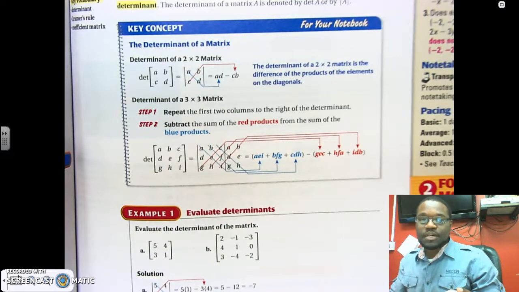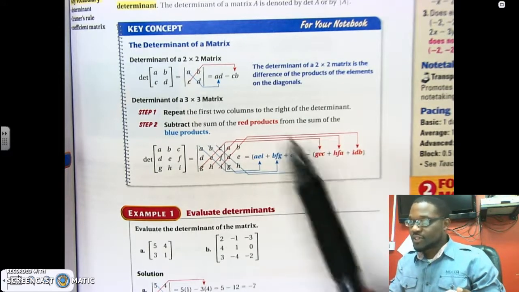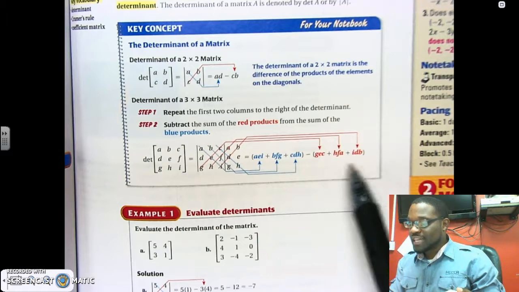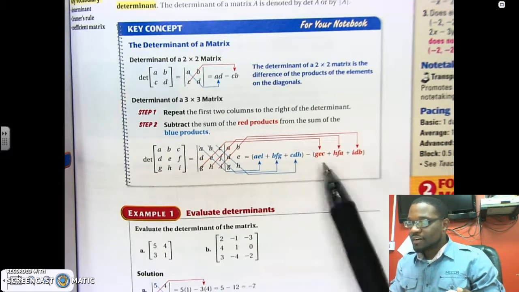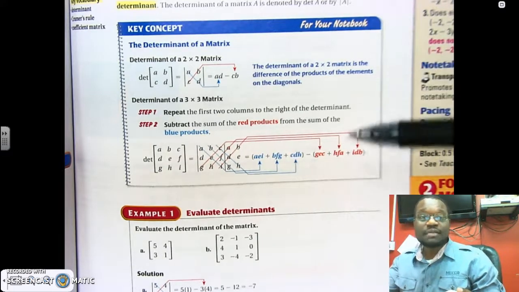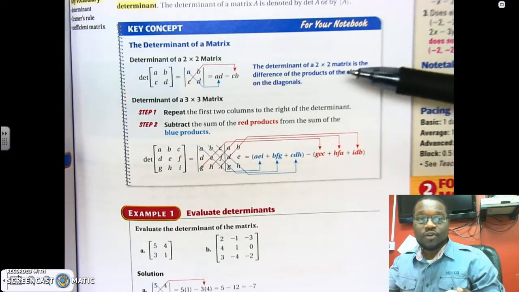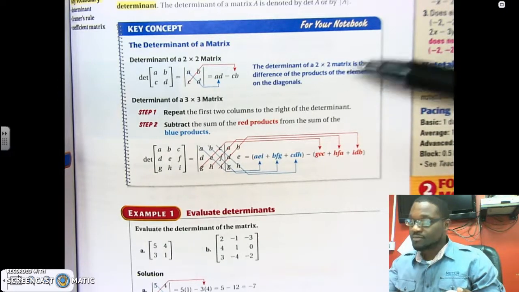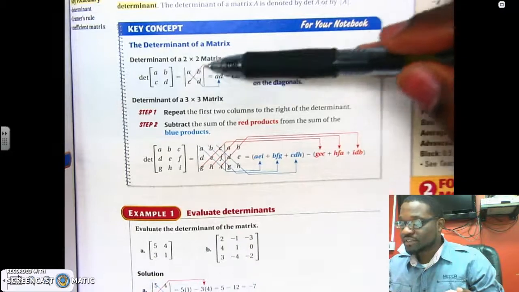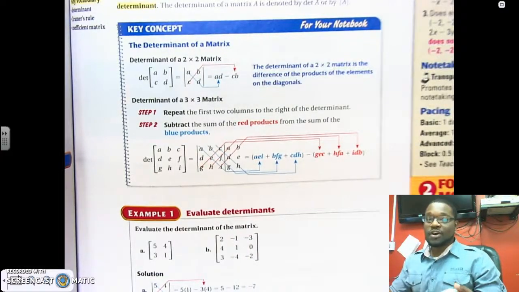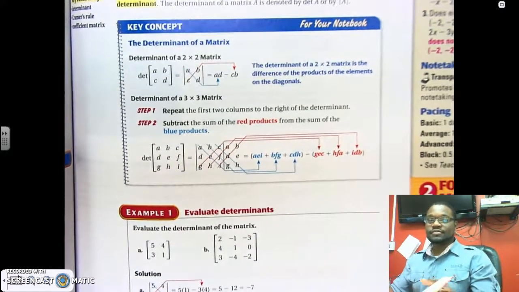But this is what's called the determinant. We're going to use this several times. Notice you're adding some things and you're subtracting some things. But just get this down, and I'm going to explain the process over. You're talking about diagonals here. So pause this and get that down.